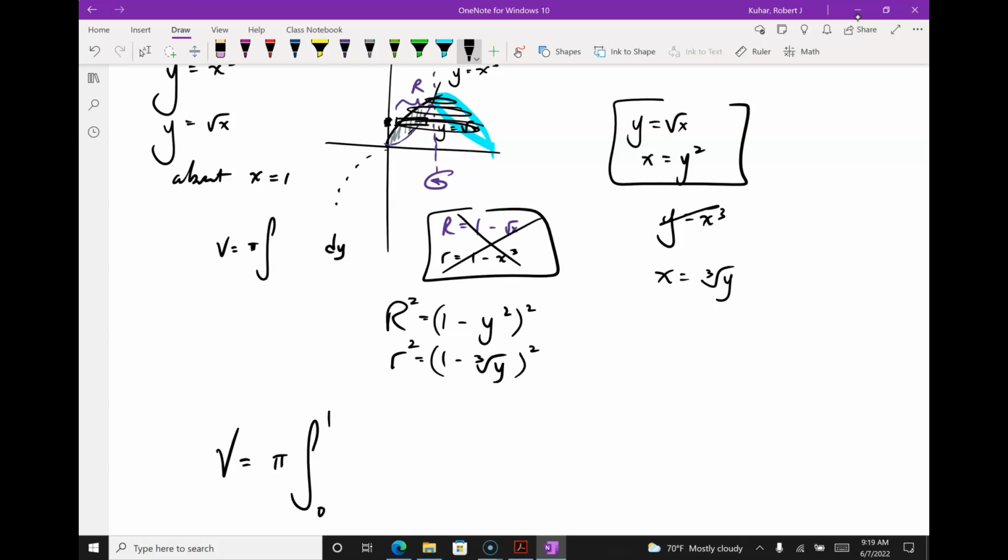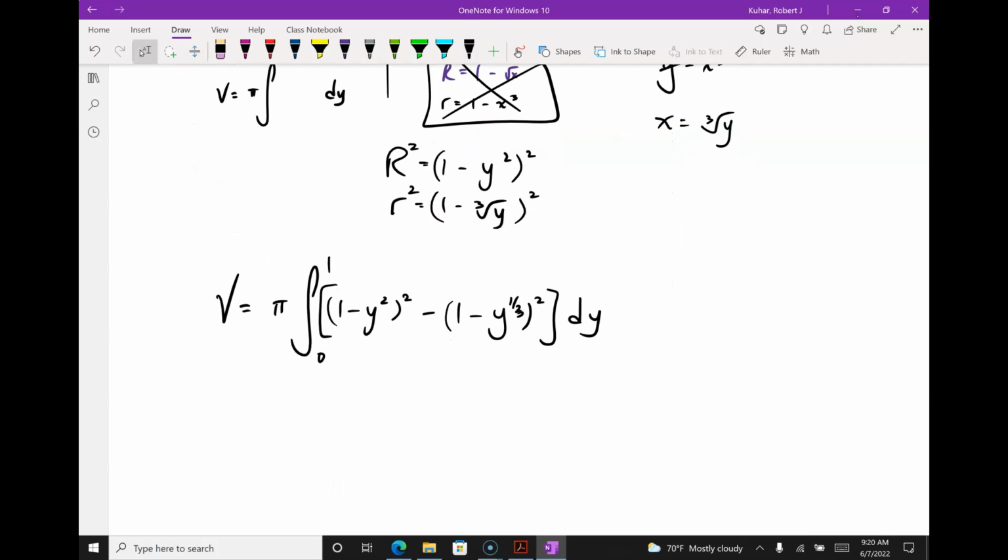But when I'm doing my integral with respect to y, I've got to get the bounds in this direction. Yuck. But it's just polynomials. It's not like it's difficult to do this integral. Just horrible.